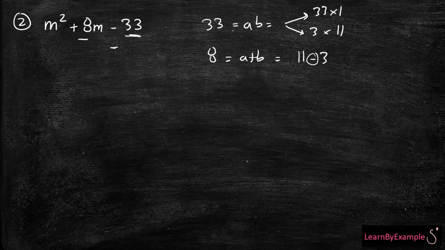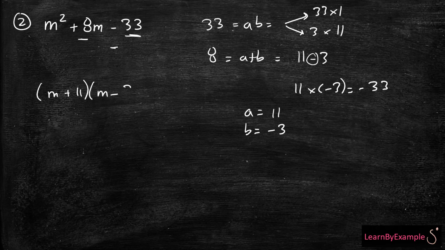Yes, because 11 times negative 3 gives you negative 33, and 11 minus 3 gives you 8. So in this case, a is 11 and b is negative 3. So it's m plus 11 times m minus 3.